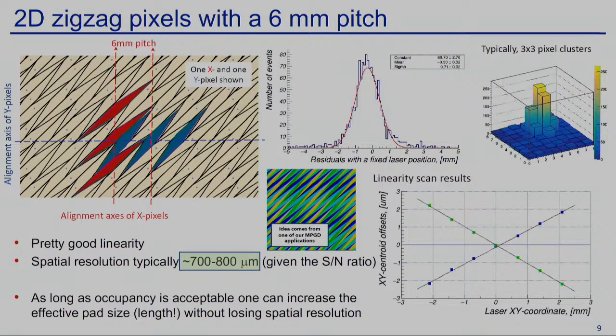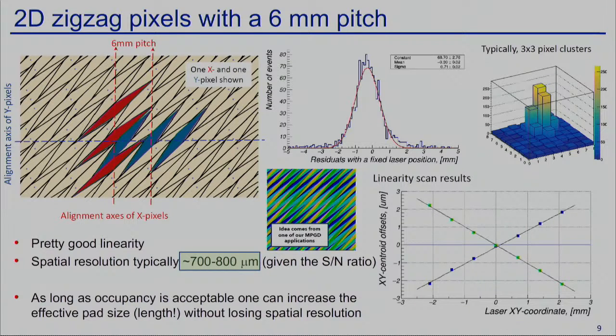So one can try out more complicated pixel layouts. You can see here 2 pixels: the red one is a single pixel which samples in the horizontal direction, and this is a single pixel which samples in the vertical direction. Doing the same scan, this idea actually comes from MPGD studies in the EIC R&D program.